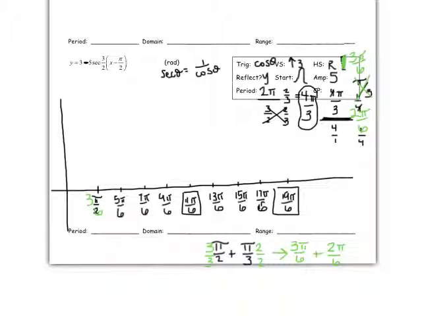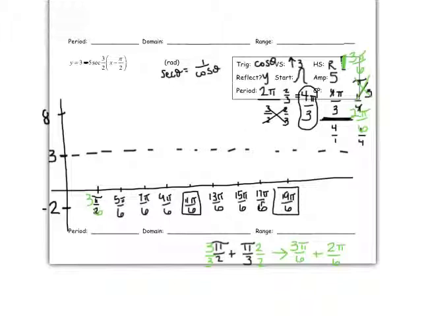Okay, I needed to move up 3. And from that up 3, I'm going to go down 5 to negative 2 and up 5 to 8. Then I'm going to use a reflected cosine, which tells me I'm actually going to start at the bottom.